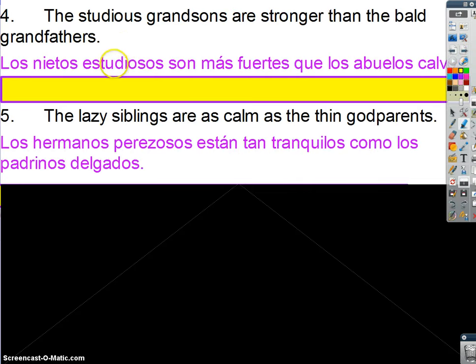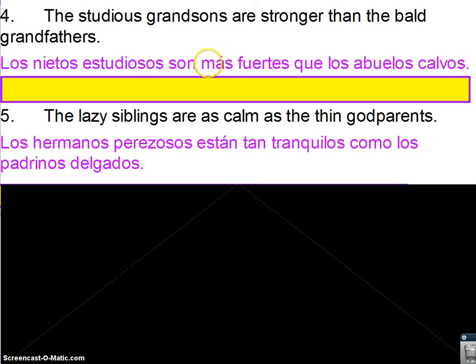Therefore, los nietos estudiosos son más fuertes que. Why are we using ser in this one? Because strength is a relatively permanent characteristic. And don't forget, when you're describing something, if we say black cat in English, we say cat black. So that's why studious grandsons is now grandsons studious.